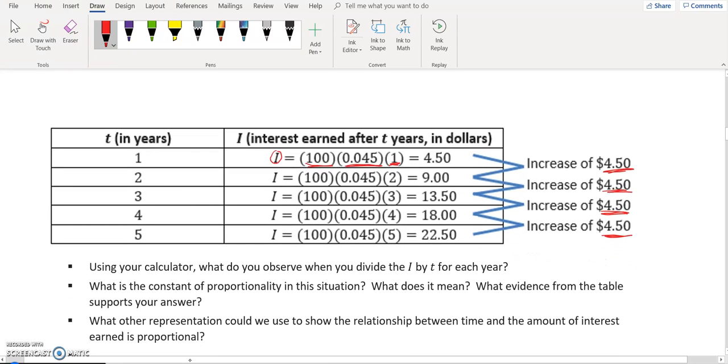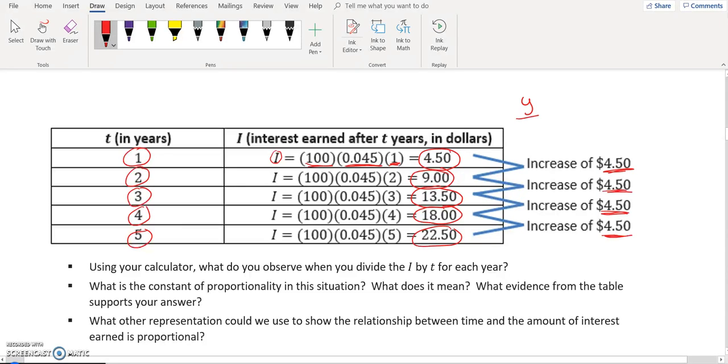So using your calculator, what do you observe when you divide I by T for each year? So I is the interest earned after T years. So you're taking this number and you're dividing it by this. Go ahead, do that in your calculator. And so you should be getting that $4.50.